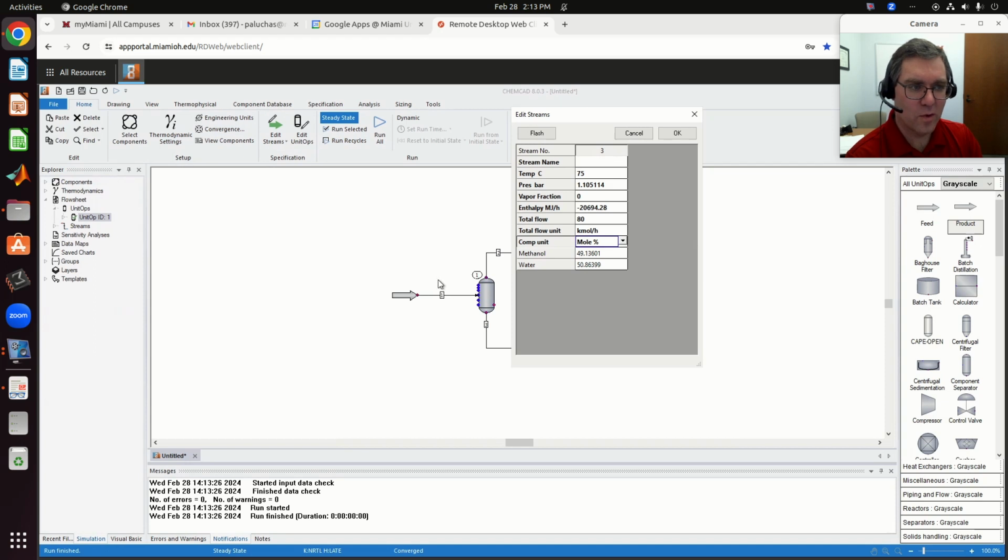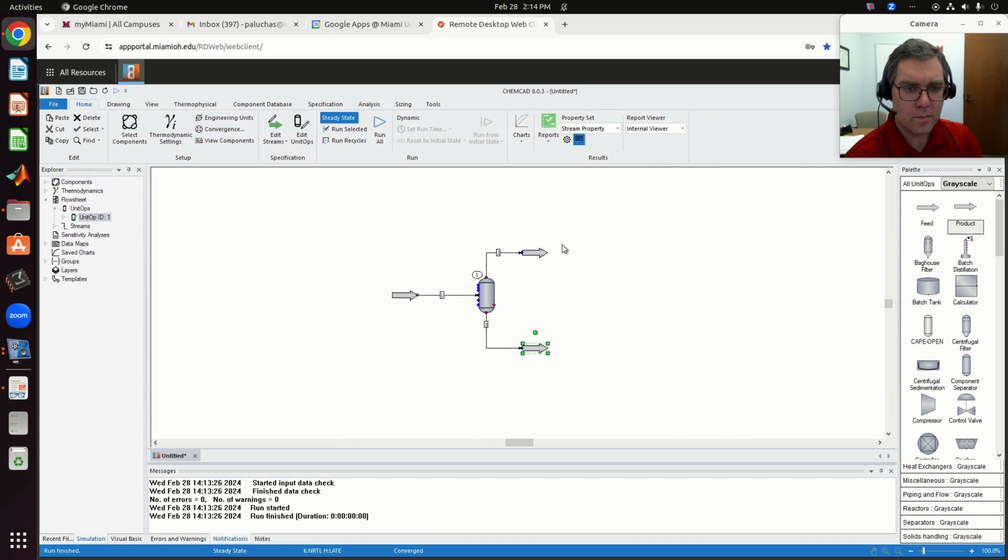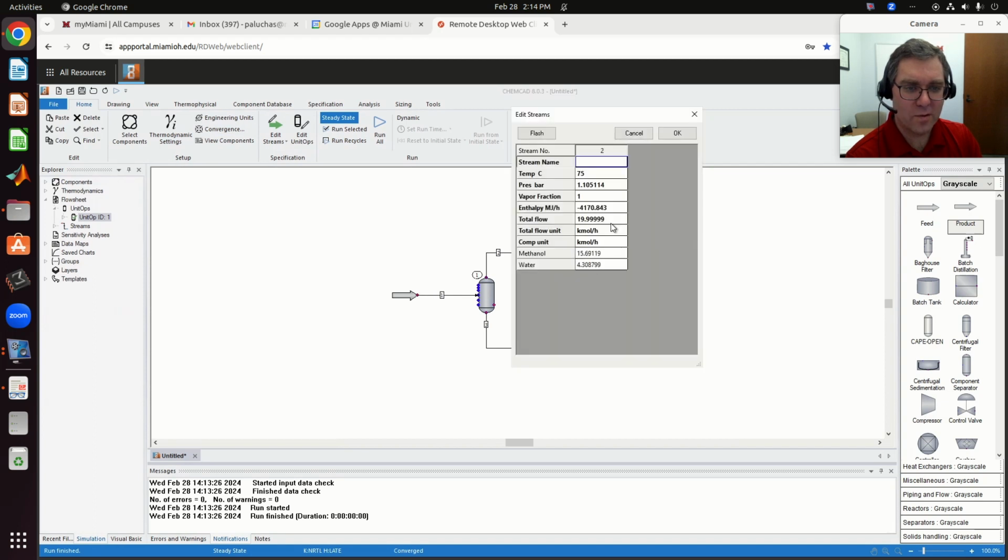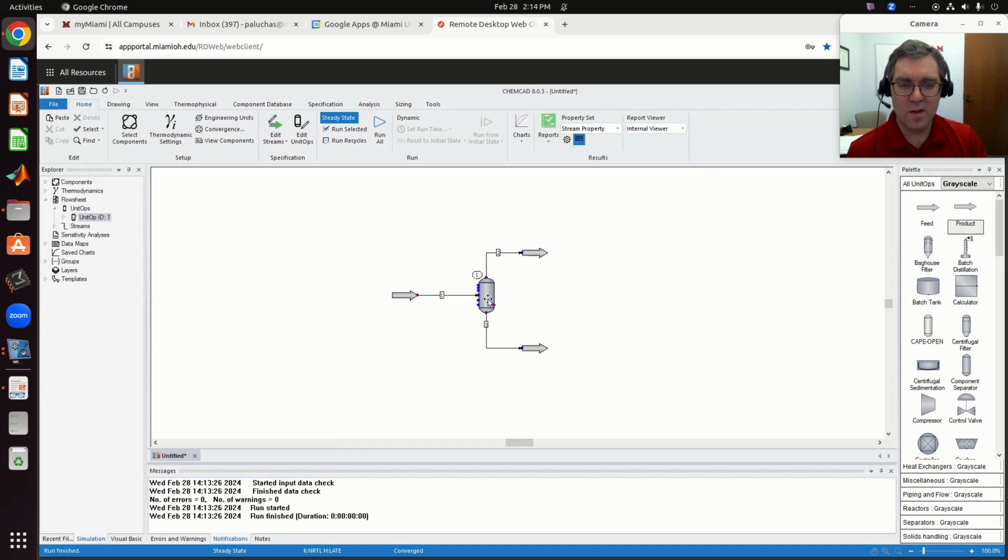The inlet stream was 45% water. This stream is 50% water, just like my inlet stream was 55% methanol. And coming out the top, it's 78.4% methanol. Okay, cool. You can pull all that information from there if you'd like.